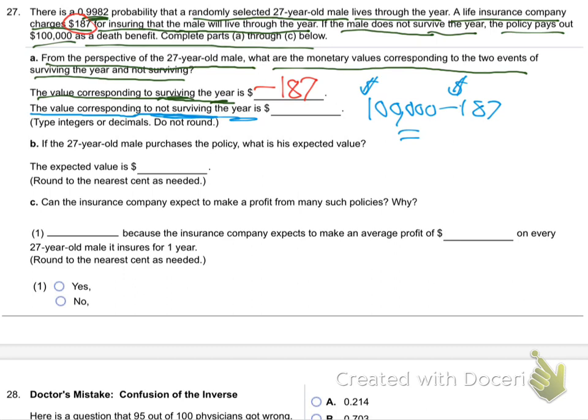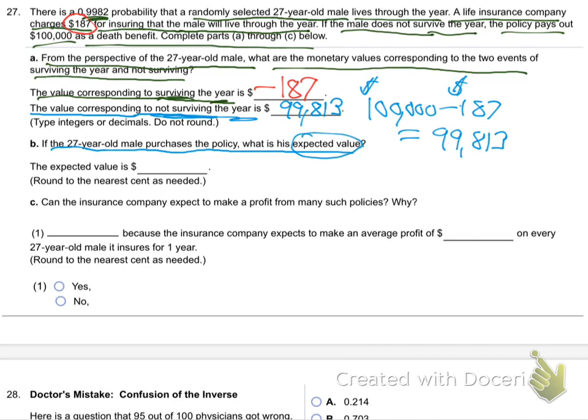If you subtract those, I'm getting 99,813, and that's positive, not negative, because that's positive money to his family's bank account. They gained almost 100,000. 100,000 minus the 187 policy.